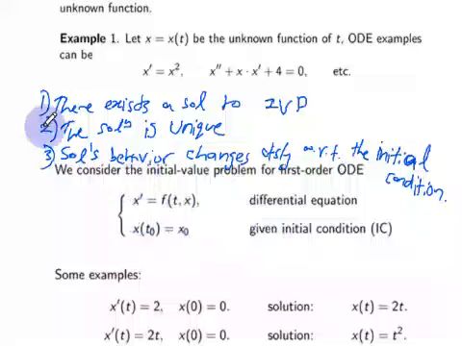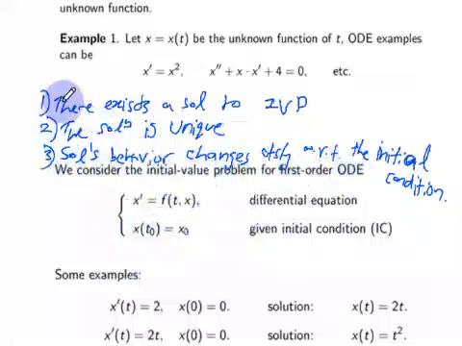And that solution needs to be unique. That is the second one. And the third one is that the solution's behavior changes continuously with respect to the initial condition. The final one is called the stability of the solution.